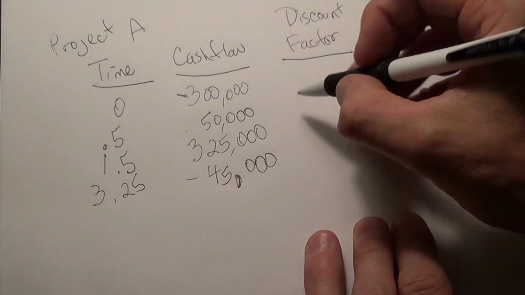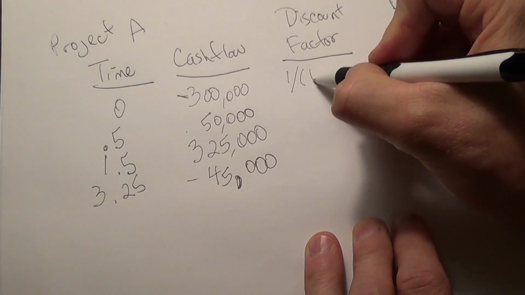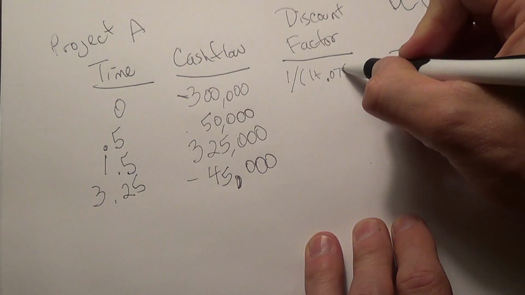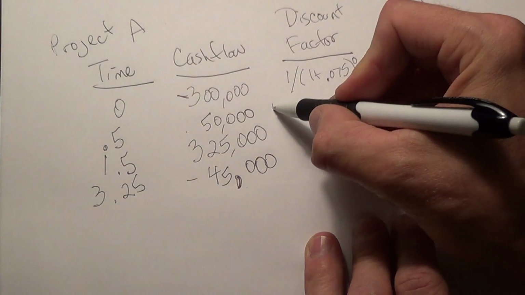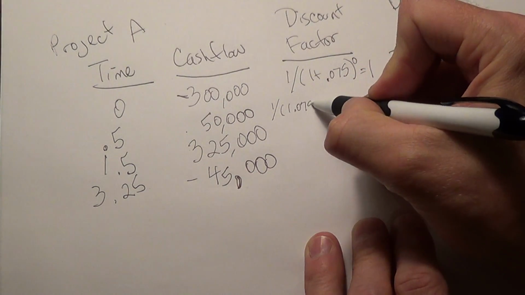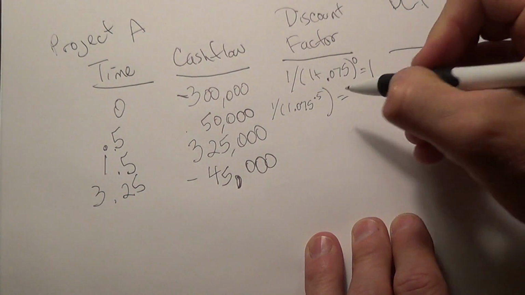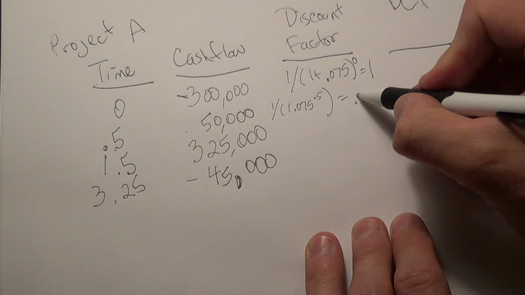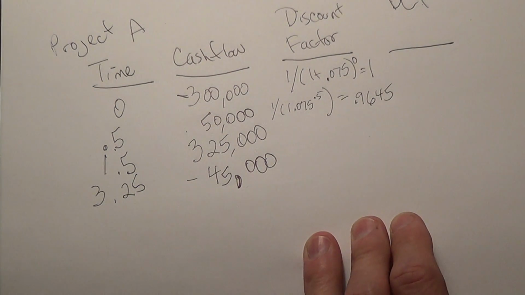So my discount factor, if it's at time 0, then you take 1 divided by 1 plus the discount rate, 0.075, raised to the time, to the 0 power, and that's going to equal 1. For the next one, we'll have 1 divided by 1 plus 0.075, or 1.075, and we'll raise it to time 0.5, and that will equal 0.9645. And traditionally, with these discount factors, we go out 4 decimal places.